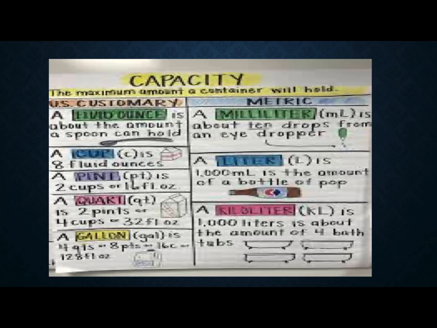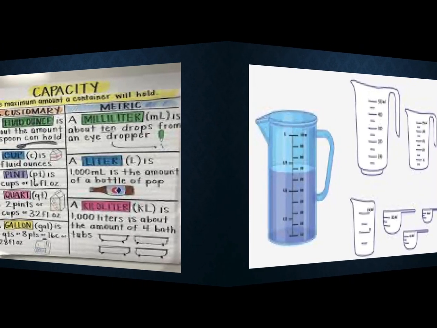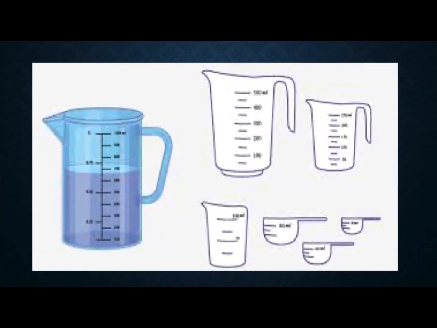A kiloliter is 1,000 liters, about the amount of 4 bathtubs. A gallon is 4 quarts. So this way you can understand how much capacity is needed, how much water an object can hold.